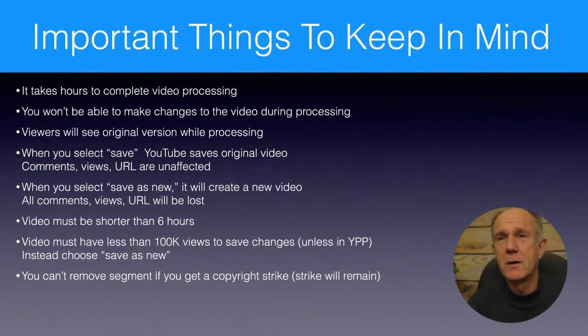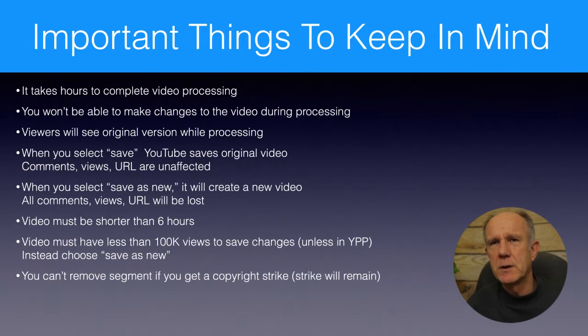And then you can also add some music using the YouTube video editor. All your videos have to be shorter than 6 hours, and videos must have less than 100,000 views to save the changes unless you're in the YPP program.